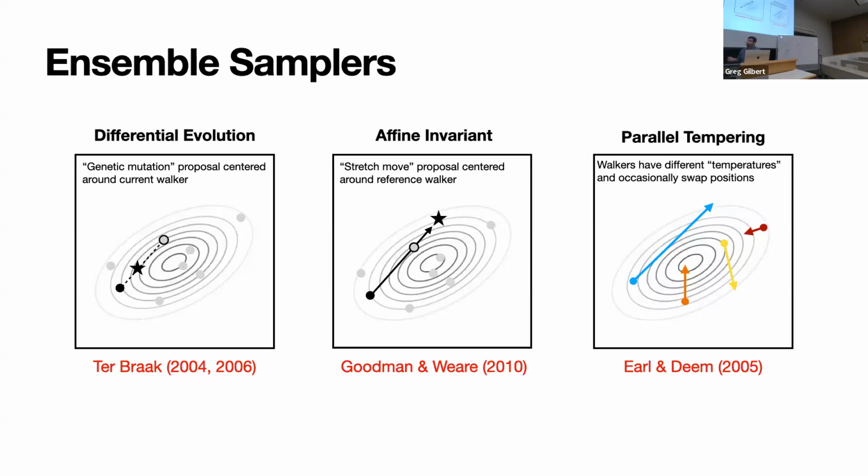And then parallel tempering does something pretty different, which is that you give each of the different walkers a different temperature. So you can think of this as analogous to statistical mechanics, where the hotter chains take bigger steps, and the cooler chains take smaller steps.